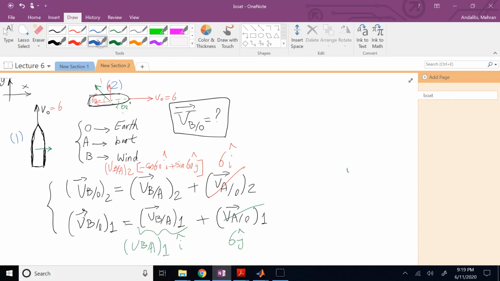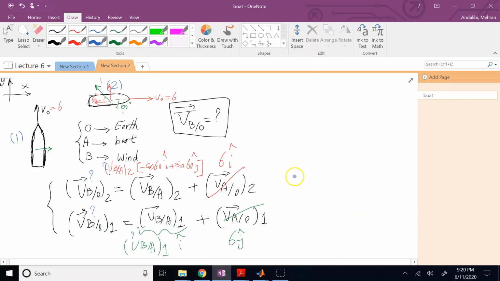Now, how many equations do I have here? 2 vector equations. And how many unknowns do I have? I have this magnitude I don't know, the other magnitude I don't know, and then this V of B with respect to O in 2 and 1 I don't know. But there is one thing I do know.